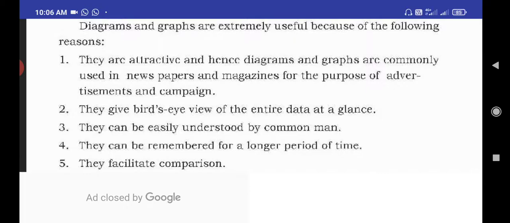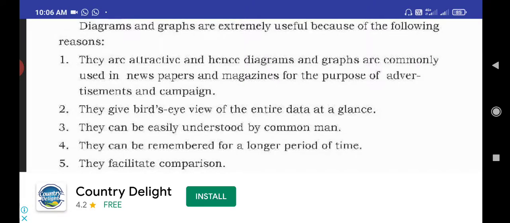When we use diagrams and graphs, it is easy to understand, so that information needs less space. That is the intention in advertisements, newspapers or magazines.